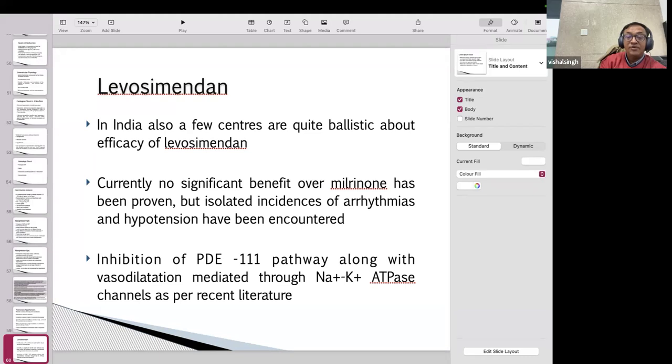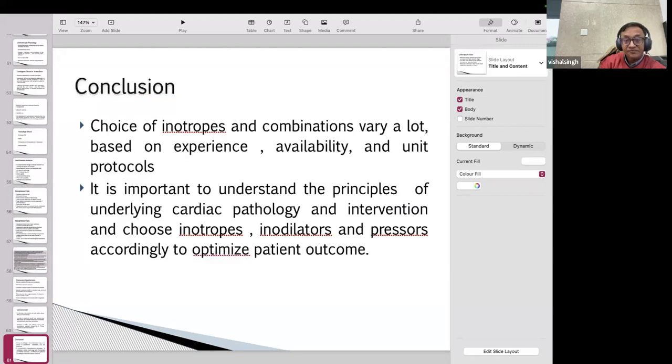And especially if there's hypertension, arrhythmias, and you have thrombocytopenia, it is a better choice than milrinone. So the choice of inotropes and combinations varies a lot based on experience, availability, and unit protocols. It's important to understand the principles of underlying cardiac pathology and intervention and choose drugs accordingly to optimize patient outcome.